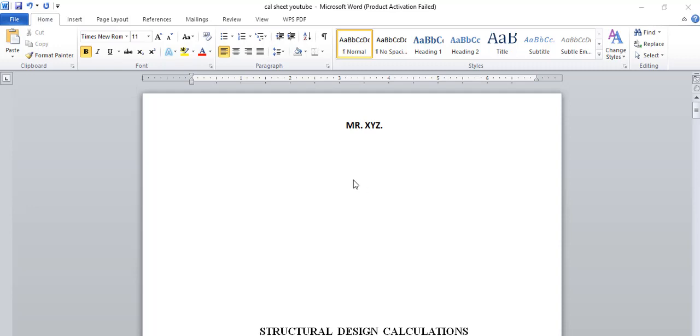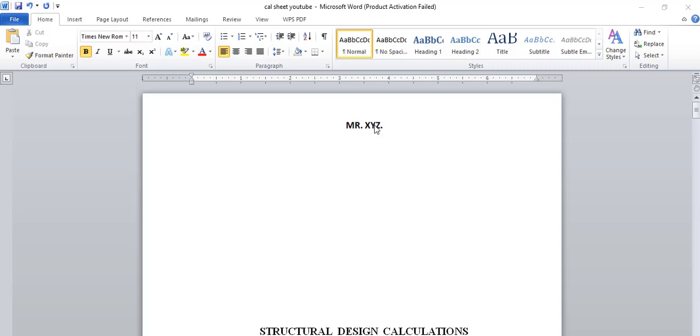I may upload this if I get enough requests that they are interested in this file, but if not, I may not place it in the links in the description. But if you are interested, please hit me up that you are interested in this cover page, then I can upload it for you to download. So let's proceed.